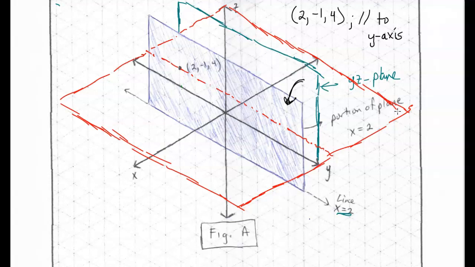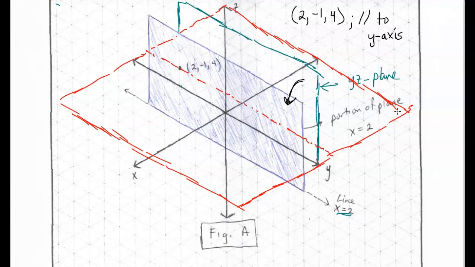And so my point here is that if I describe the plane that I want in terms of saying it's going to be parallel to a particular axis, that's going to be harder to pinpoint. Okay, so I would need some extra information about this particular plane that I'm looking for in order to pinpoint it and say that yes, it's actually the plane x equals 2.